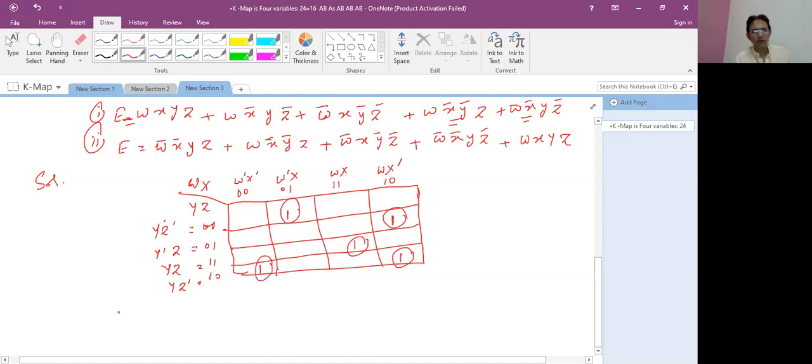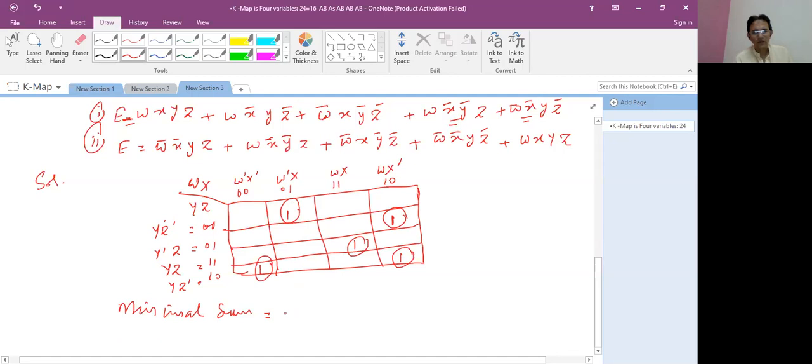So the minimal sum, when we talk about this one, has no common term.